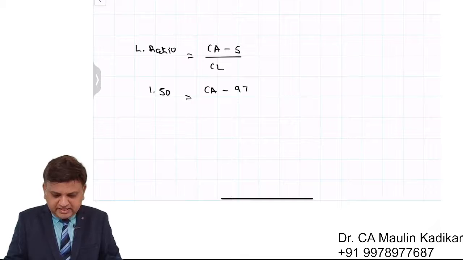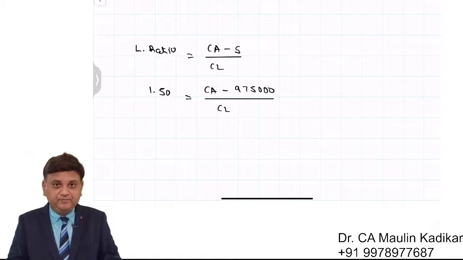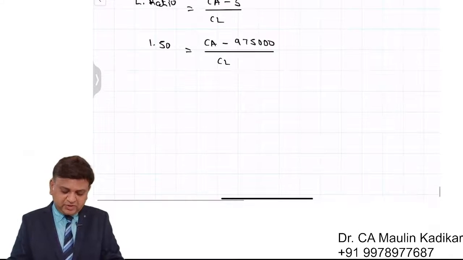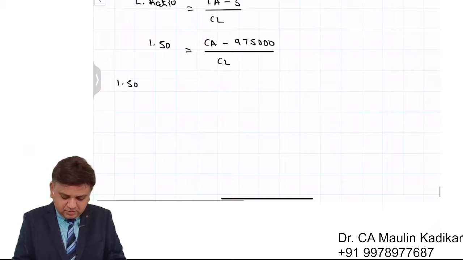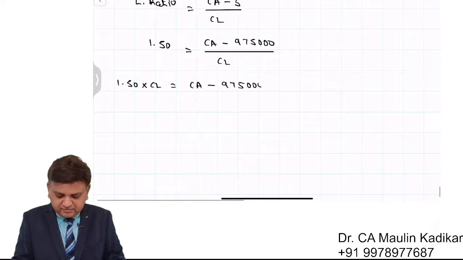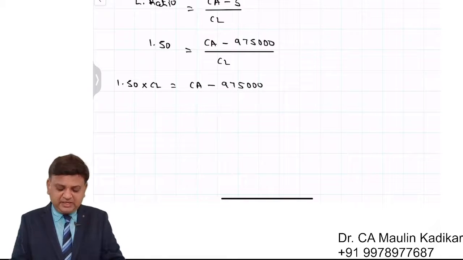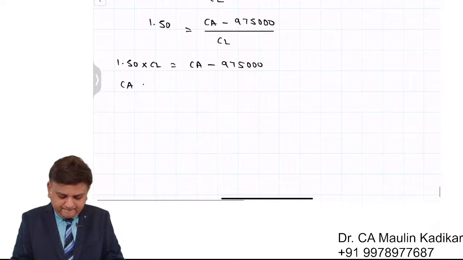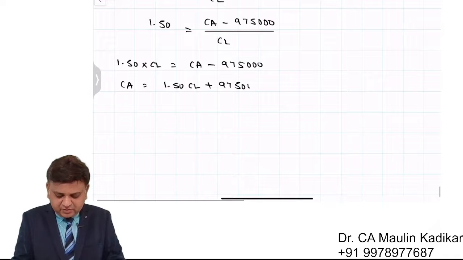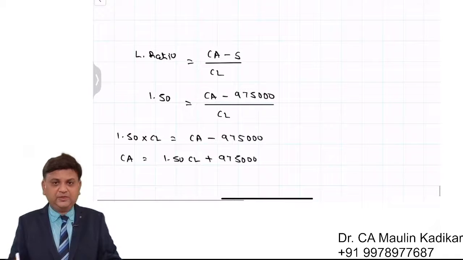Stock, I know it is 9,75,000. Divided by current liabilities. Current liabilities transferred to the left hand side: 1.5 into current liability is equal to current assets minus 9,75,000. Current assets is kept over there only. It is 1.5 current liability plus 9,75,000. We just form an equation.